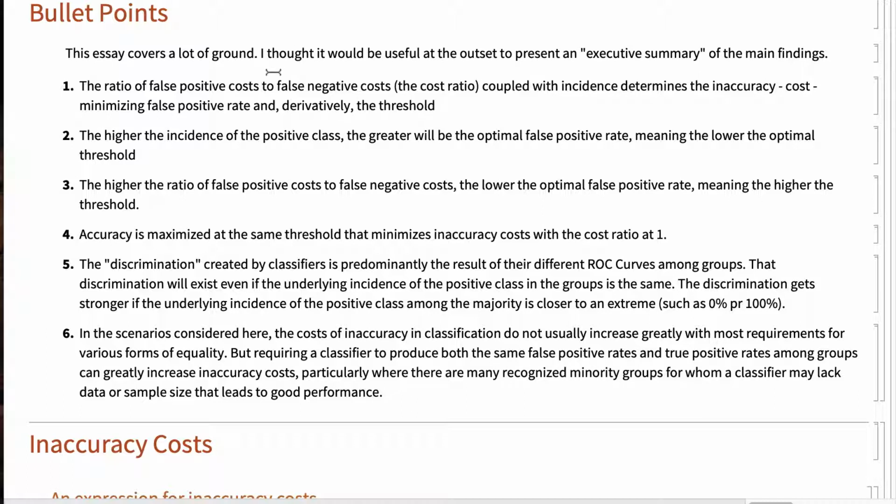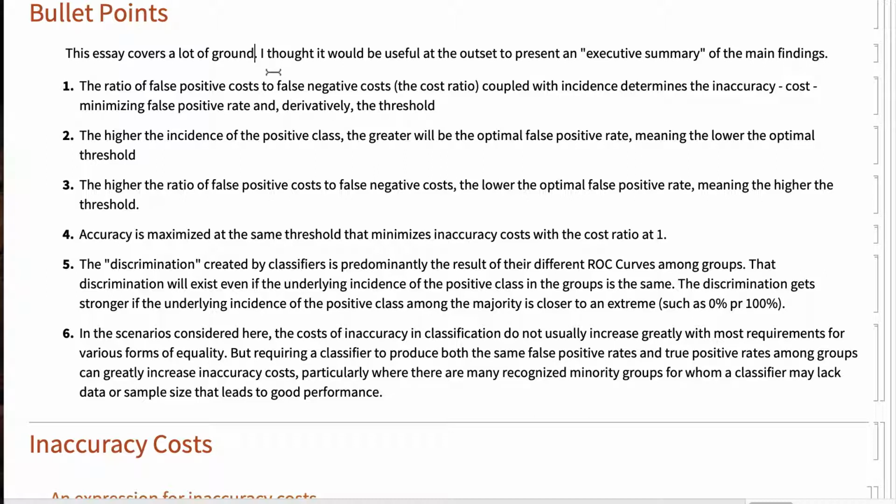Finding 1. The ratio of false positive costs to false negative costs, the cost ratio, coupled with the incidence of the positive class, determines the inaccuracy cost minimizing false positive rate and, derivatively, the optimal threshold. Finding 2.